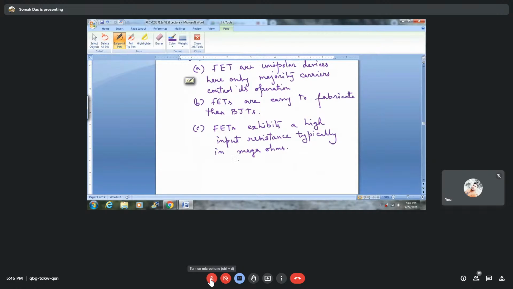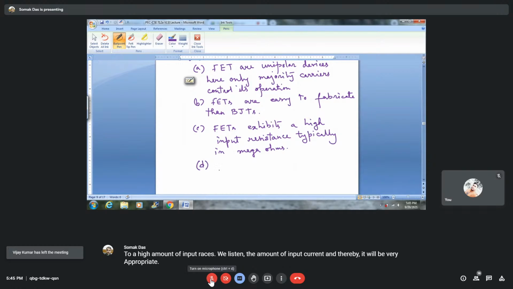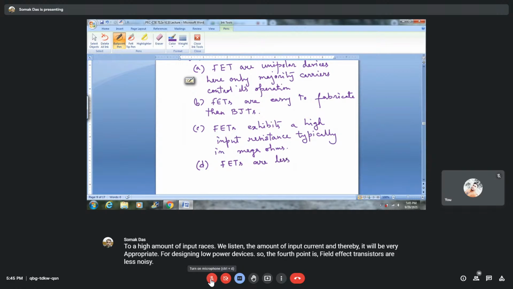So a high amount of input resistance will lessen the amount of input current, and thereby it will be very appropriate for designing low power devices. So the fourth point is field effect transistors are less noisy. Less noisy.